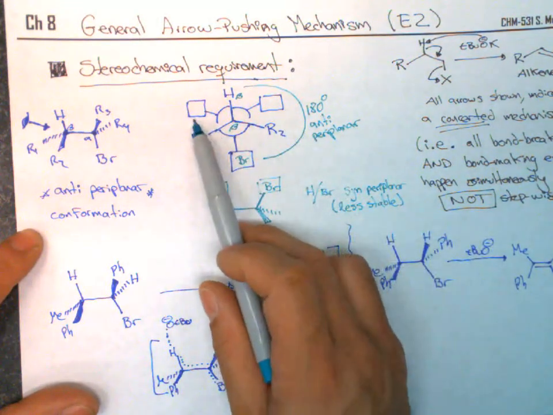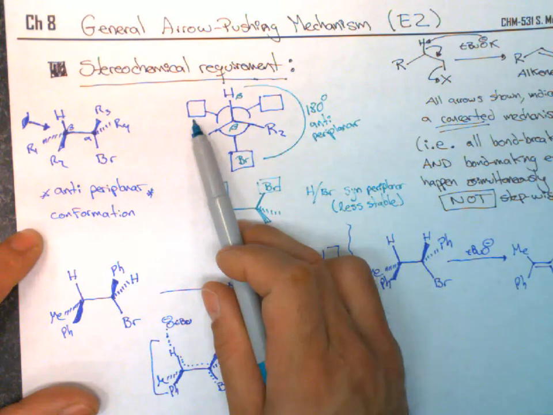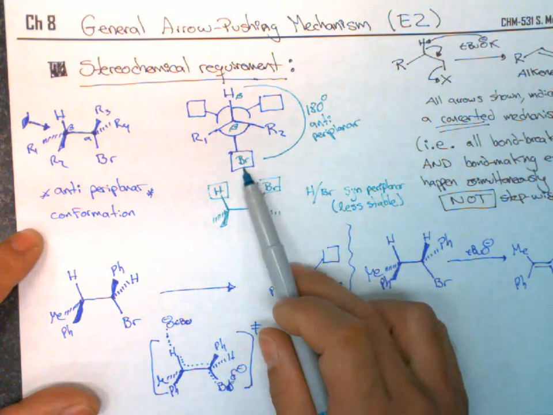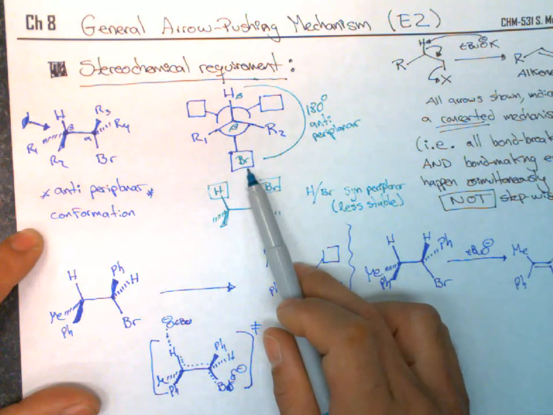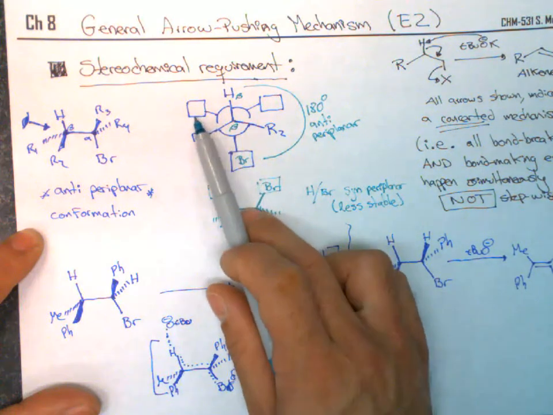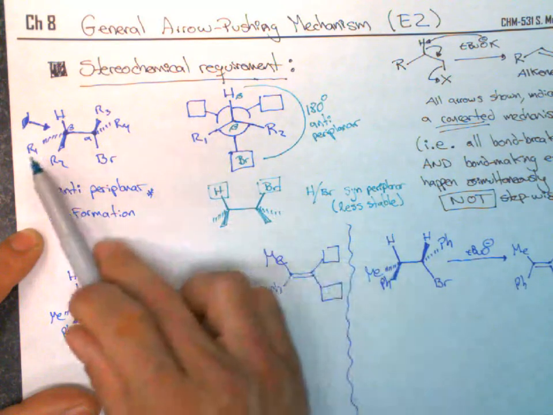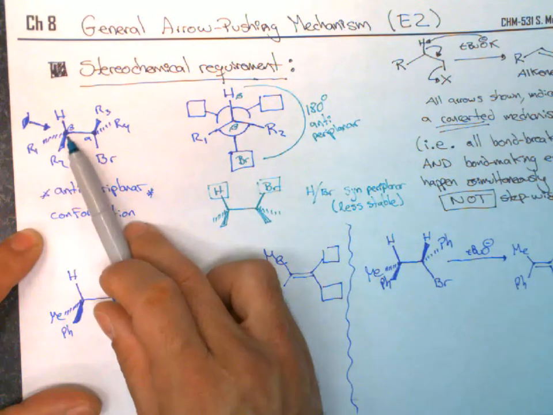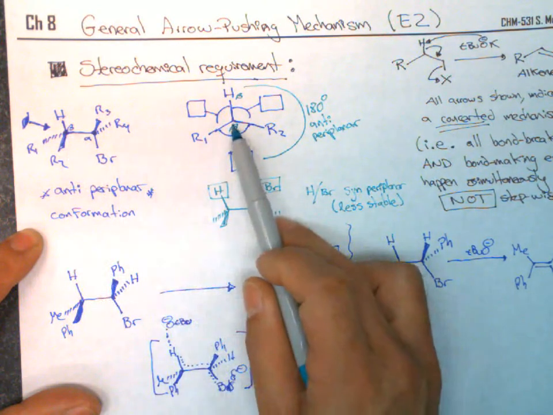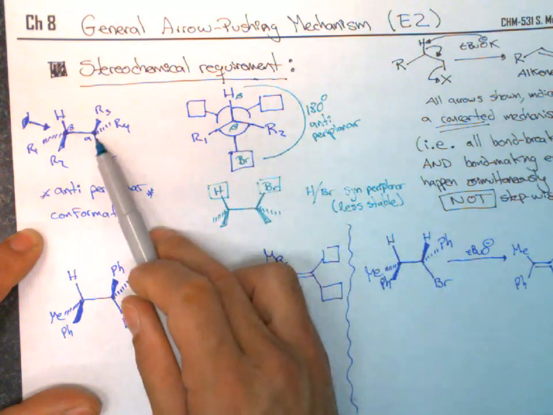What do I have to put here in the box on the left? I already put a bromine here. What do I have to put here in the box on the left? R3. Everyone agrees? Remember, we're looking down beta carbon, which is in the front, alpha carbon, which bears the bromine and it's in the back.